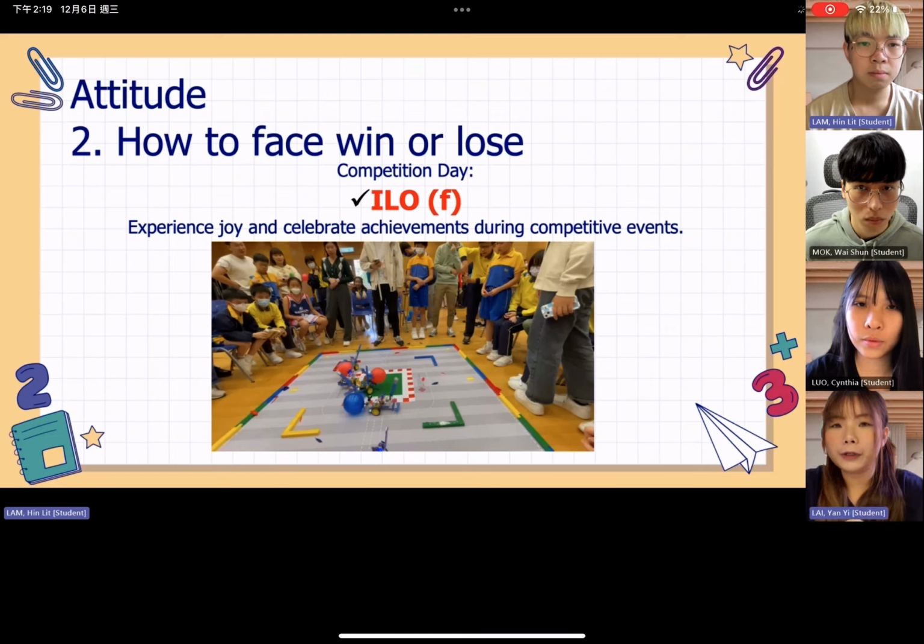The last attitude is how to face winning or losing. On the competition day, they achieved ILO F, which is that they celebrated their achievement in the competition.